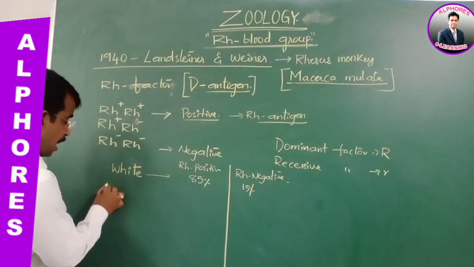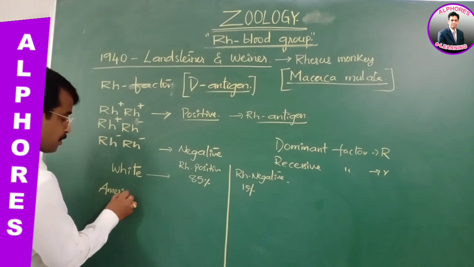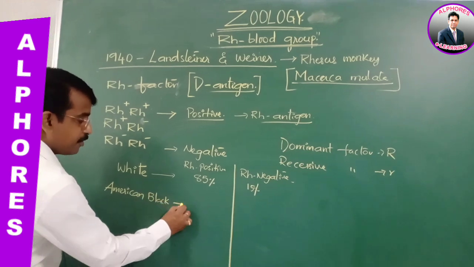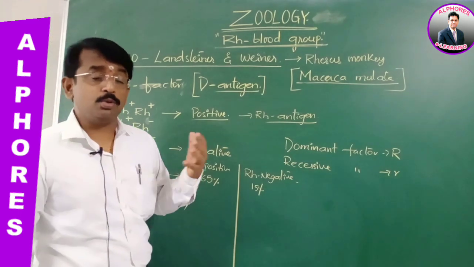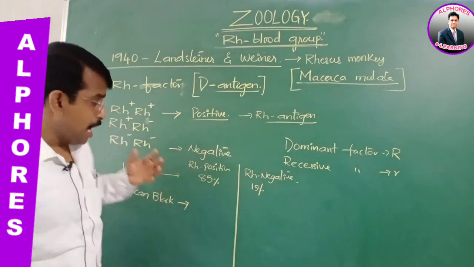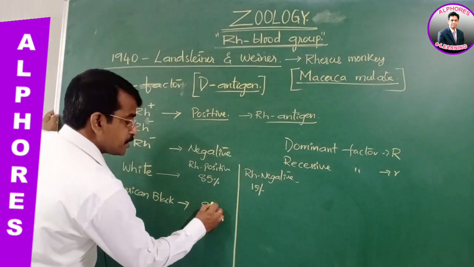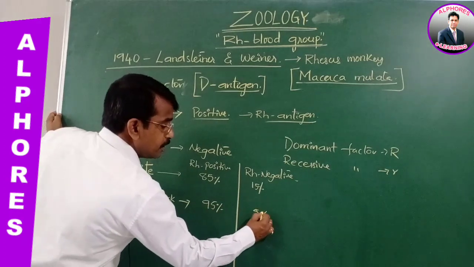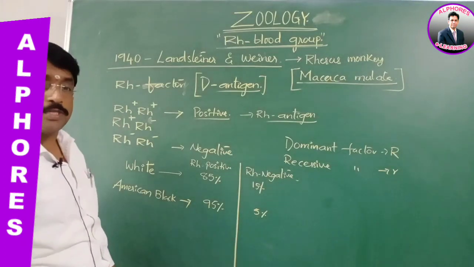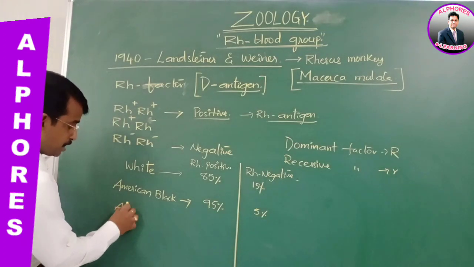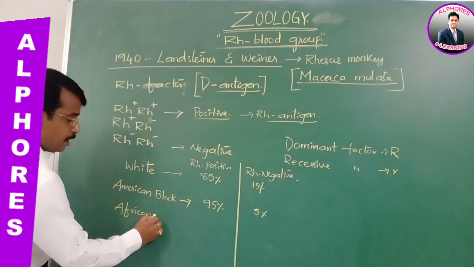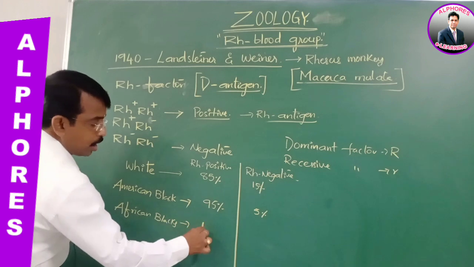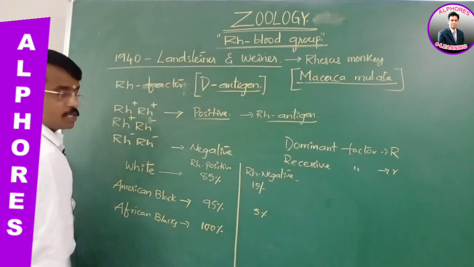If you see American blacks, which means in America you also find black individuals, 95% are Rh positive, whereas 5% are Rh negative. In the case of African Negroes, African blacks, 100% are Rh positive.